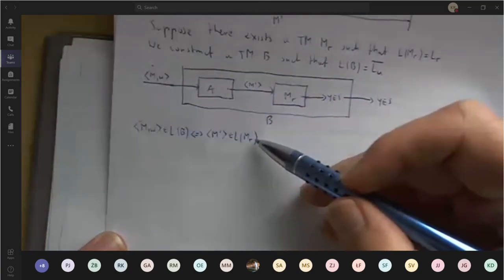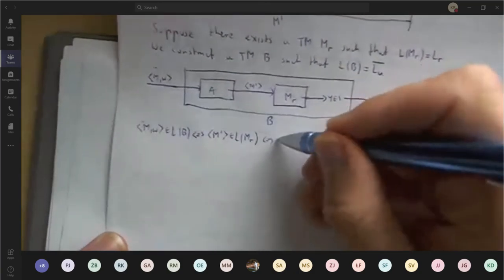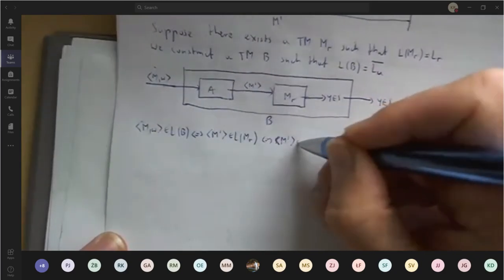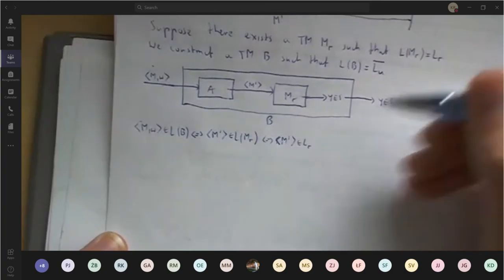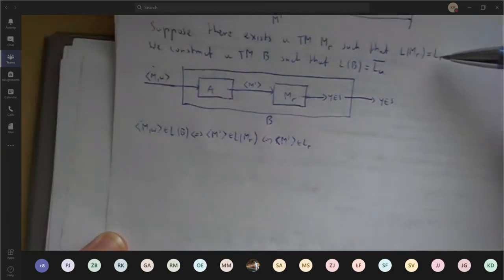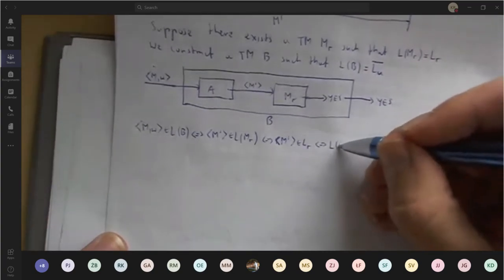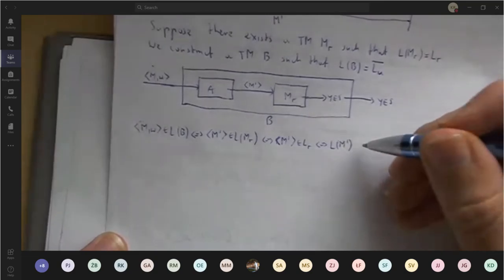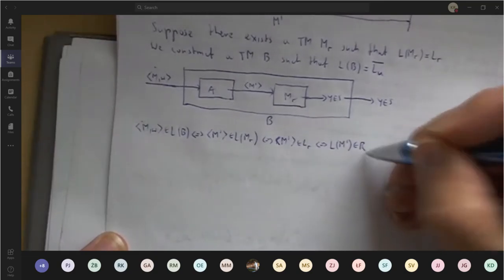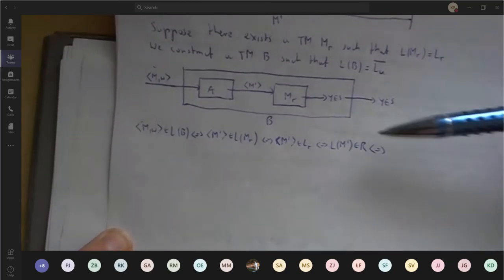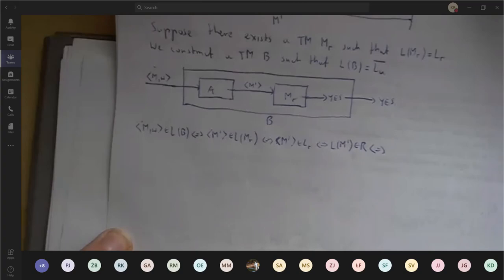By the definition, if and only if the code of M prime is in the language LR, because the language of MR is LR. And by the definition of LR, that means that the language accepted by M prime is recursive. We know that the language of M prime is either the empty language or the universal language.